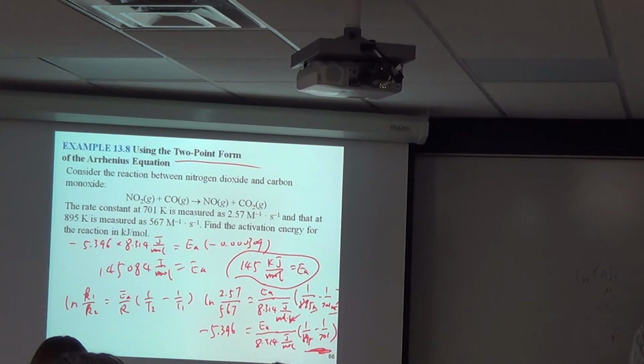Okay? You don't have to use that amount of points and do a graphing. What you need is only 2 points. And vice versa. If I don't give you all the K, but I give you the EA, and I give you 2K and 1T, you can find out the second T. Or I'll give you the EA and 2T and 1K.